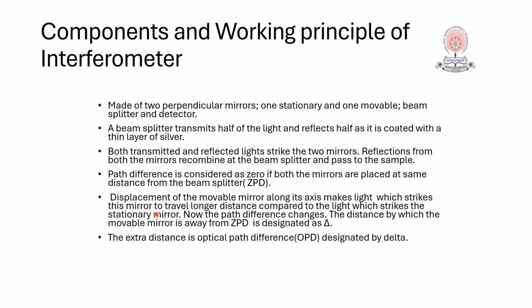Any displacement of the moving mirror along its axis makes the light which strikes the mirror travel a longer distance. Again, that distance is returned. So the path difference now is a value that is measured by the displacement of the moving mirror. The extra distance is the optical path difference or OPD, and it is designated by the sign delta.